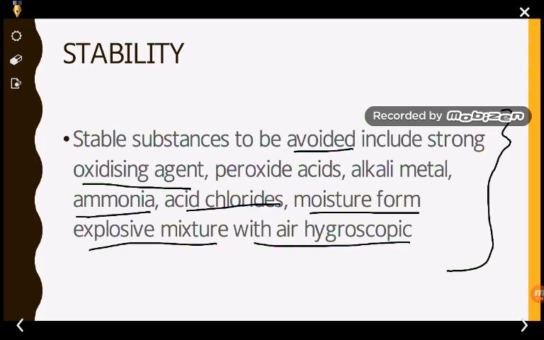If certain oxidizing agents are side by side beside this ethyl alcohol, it may be reactive. So it is said that in order to make this chemical stable, we have to avoid keeping oxidizing agents, peroxides, acids, alkali metals, ammonia and chlorides, moisture, explosive mixture with air, hygroscopic materials.